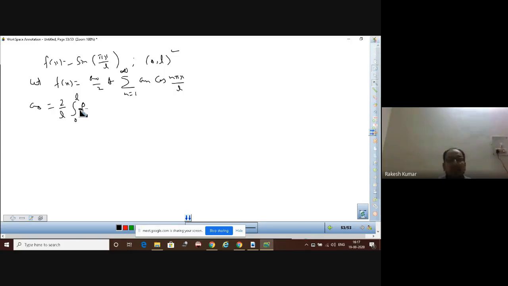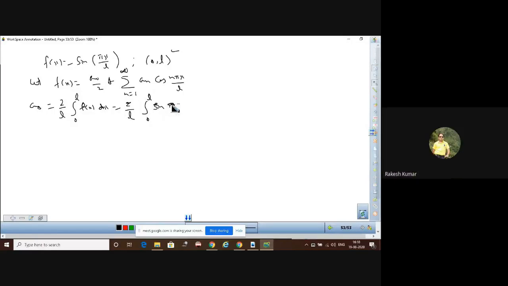Now you can use the value of f of x, that is 2 by L, integral 0 to L, of sine pi x over L dx.